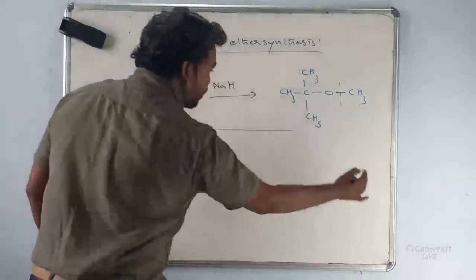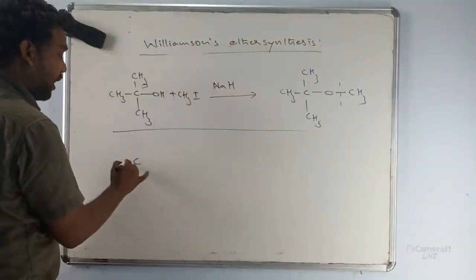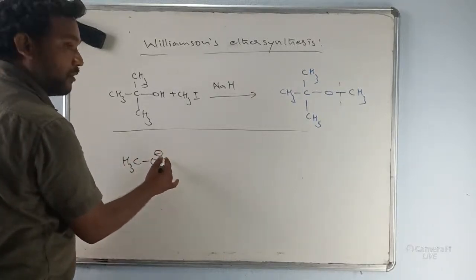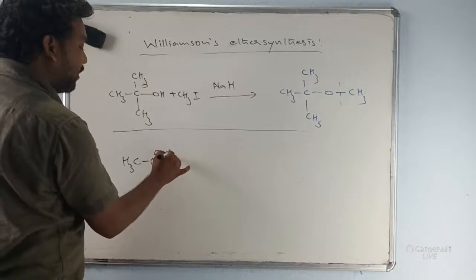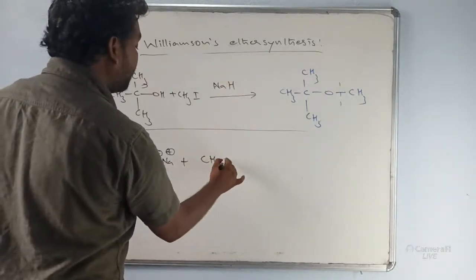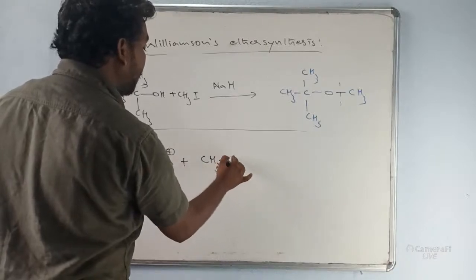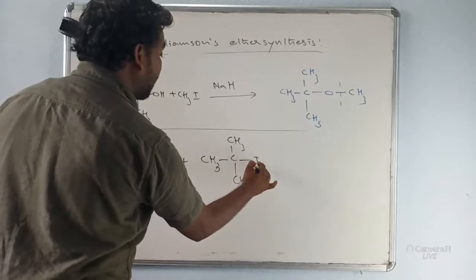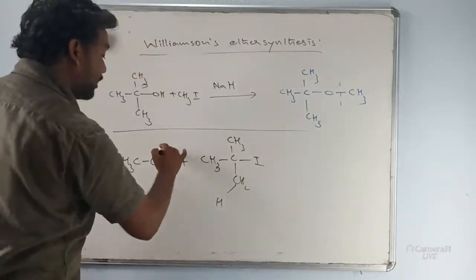Suppose you take the reverse way. What happens here? If you take sodium methoxide, or methyl alcohol in sodamide, and tertiary butyl iodide, what happens? Elimination. Why?